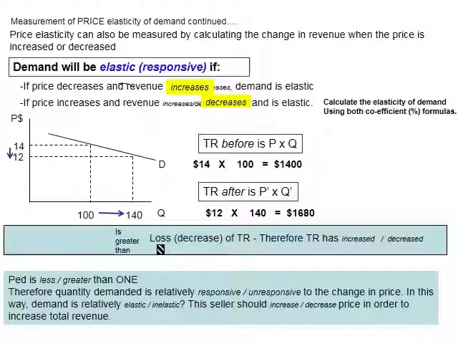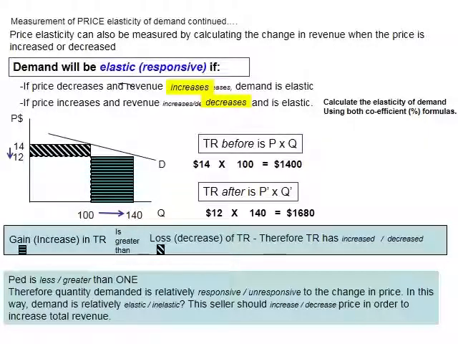The price falls from 14 to 12, causing total revenue to increase to $1,680. So if we compare the change in revenue, that there represents the loss in revenue by putting the price down, compared to the gain in revenue. And again, it shows that total revenue has increased.